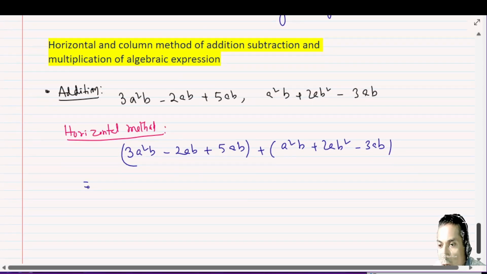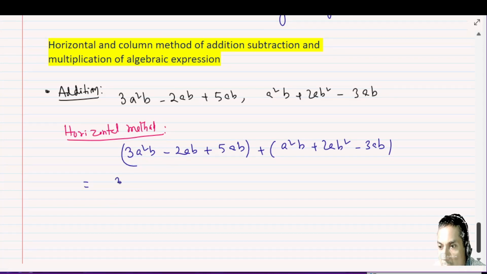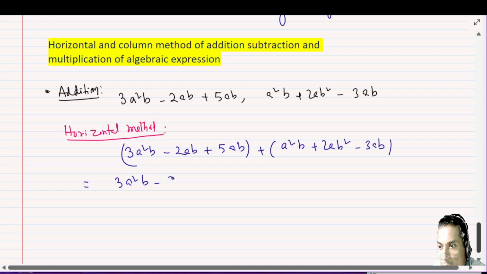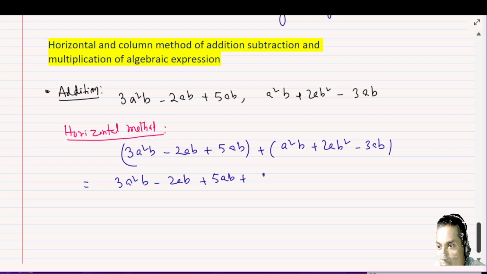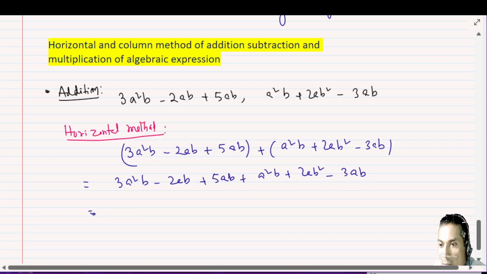Then what you have to do, as I already told you, identify the like terms or simply remove the brackets. 3a square b minus 2ab plus 5ab square plus a square b plus 2ab square minus 3ab. Then you have to put together the like terms.